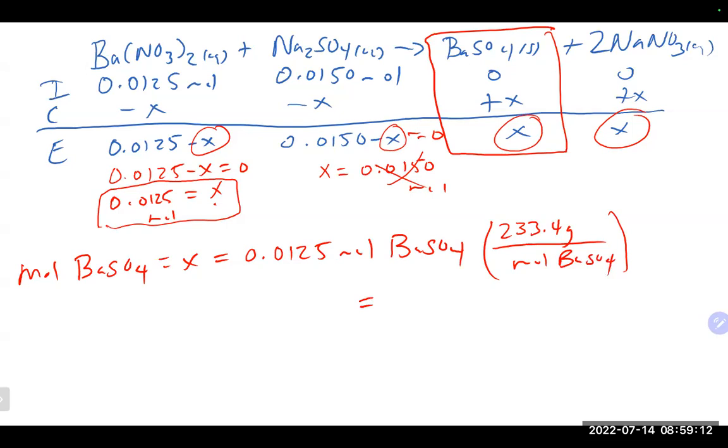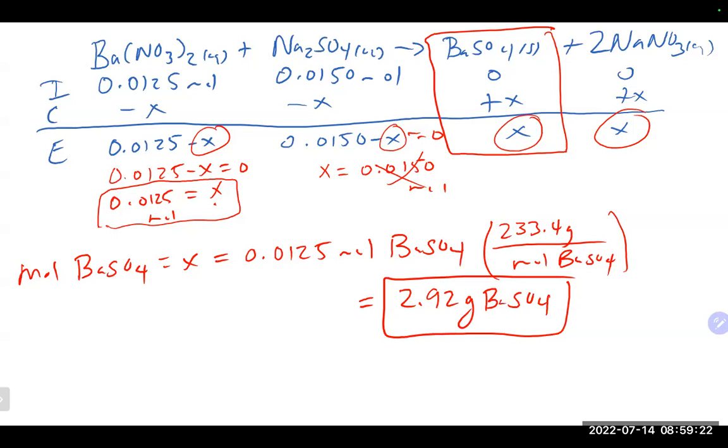And that would get us about 2.92 grams of barium sulfate would be made in this particular case. That would once again be our theoretical yield in this particular problem.